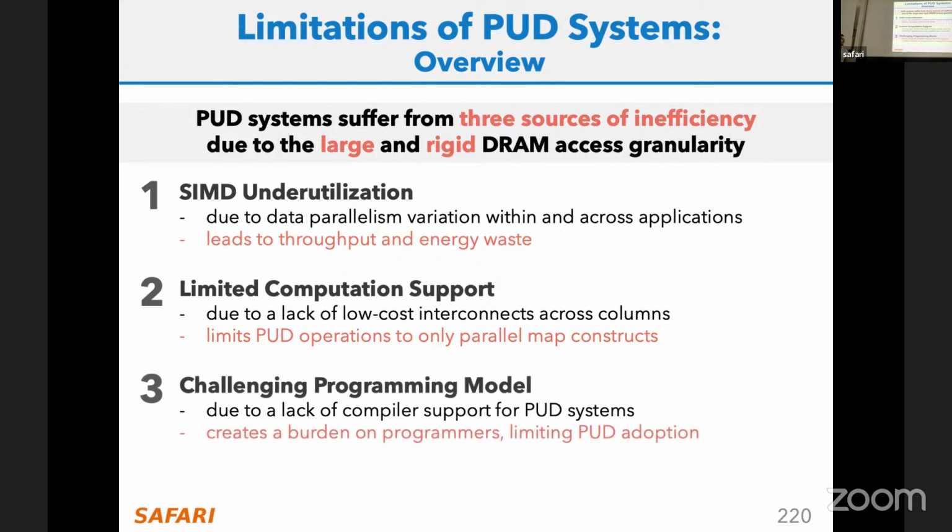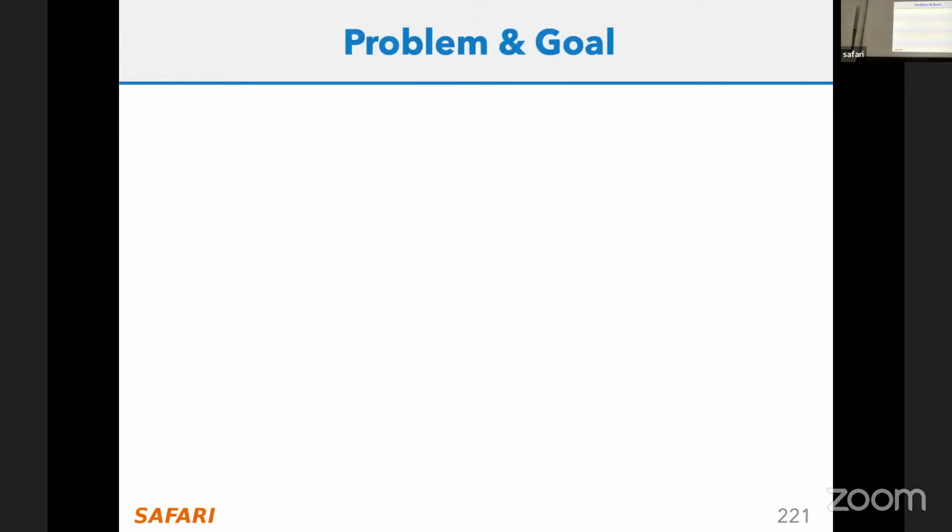And the third problem is that it's really challenging to program these systems because you need to manually map these addition and subtraction operations to these primitives inside your application, which involves things like manually doing loop unrolling or orchestrating data movement inside the application.